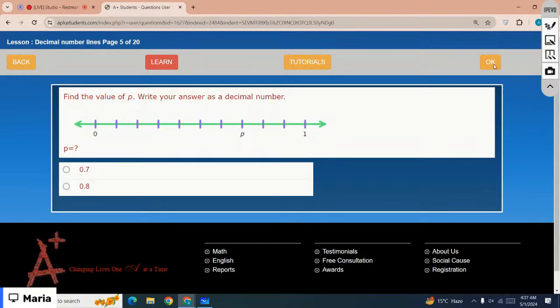Find the value of p, which is the correct option? The correct option is 0.7.